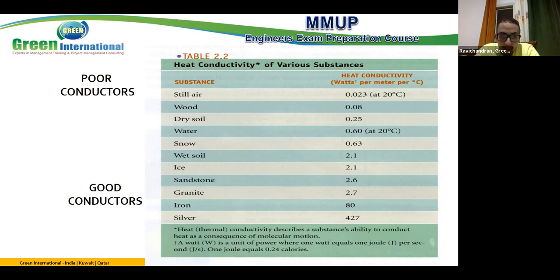And if you go down, we can see iron, silver, and we have another table, I think, in some slides you can see. If we study all materials, metals are always good conductors, but which is a higher conductor than the others, and so on.